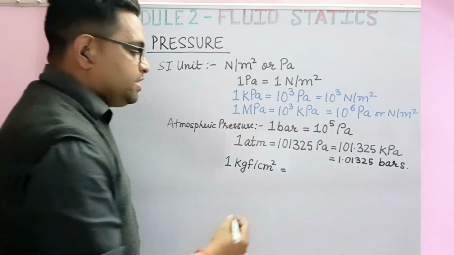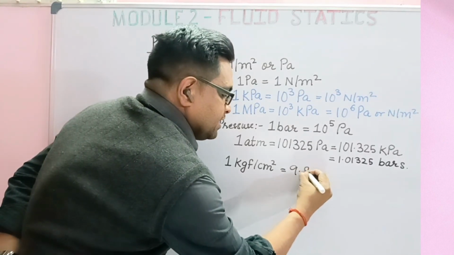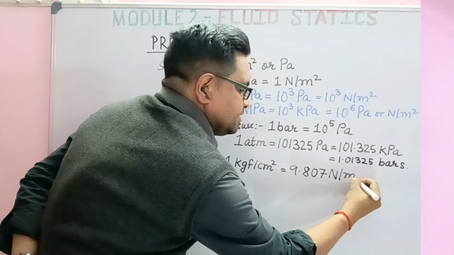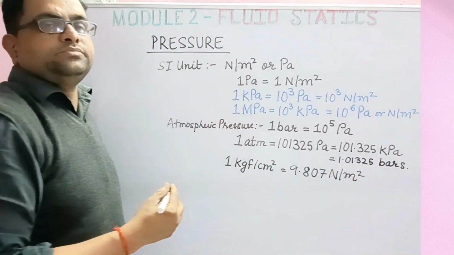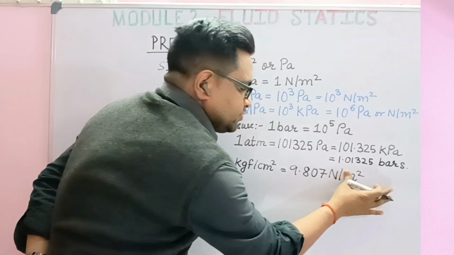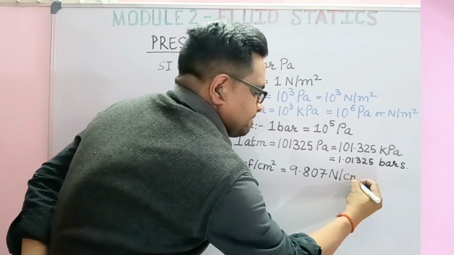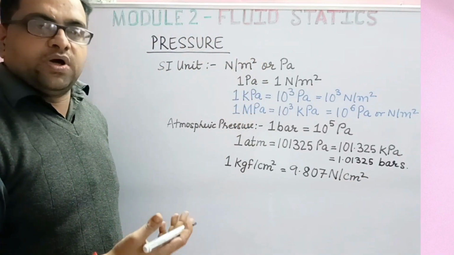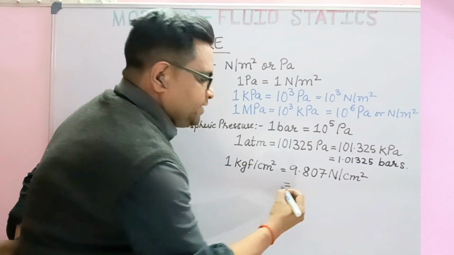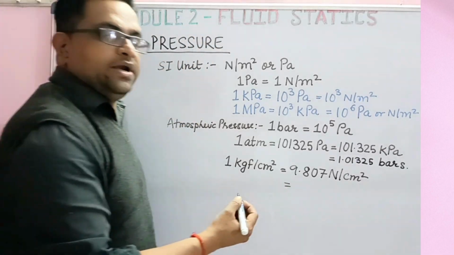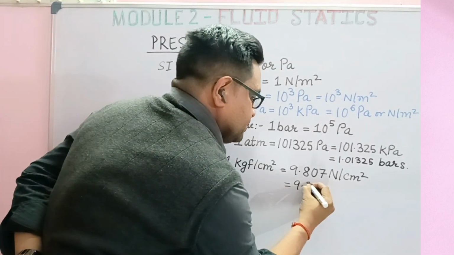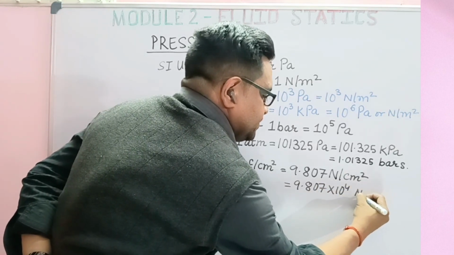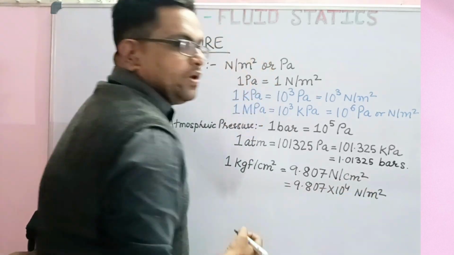It is equal to 9.807 Newton per centimeter square, or in terms of Newton per meter square, this will be equal to 9.807 into 10 raised to the power 4 Newton per meter square.